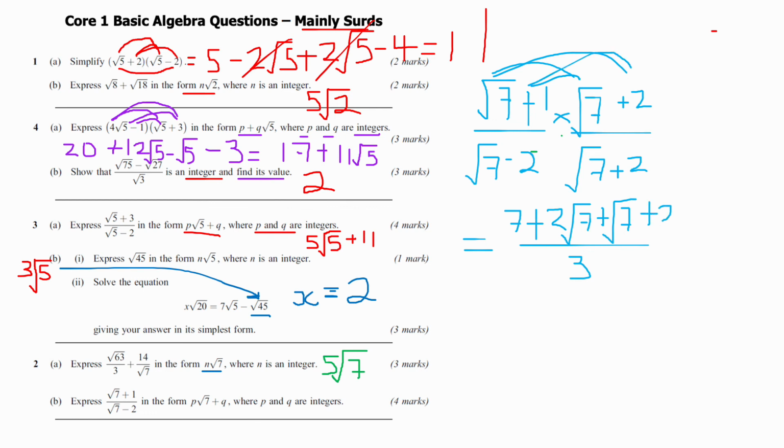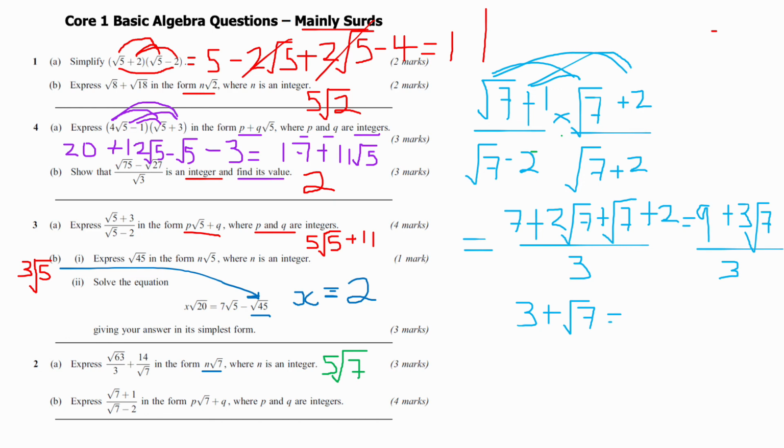Or plus 2. Okay. So collecting my like terms, simplifying everything, I'm going to have 9 plus 3 root 7 all over 3. Okay, I can divide everything through by 3. So I'm going to have 3 plus root 7, which I can write in the form of root 7 plus 3.